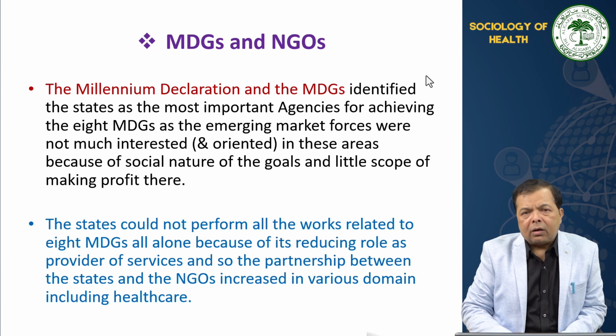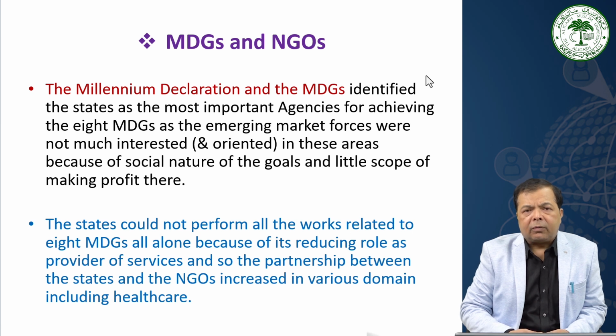So, with this extra focus on privatization and globalization, the governments basically narrowed their areas of operation, and the NGOs somehow departed from being providers of services and became basically the regulators of the services, because the private players came as the major providers of services.